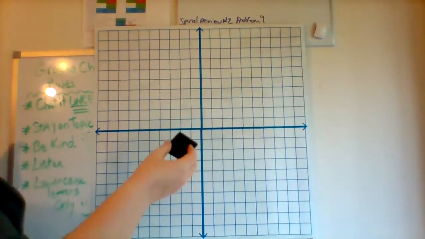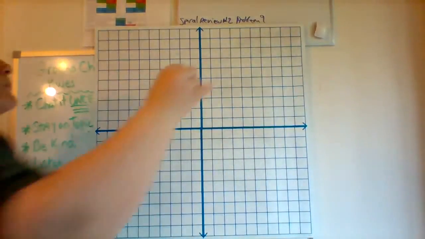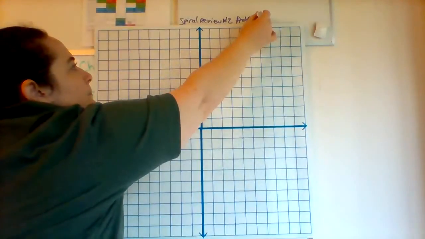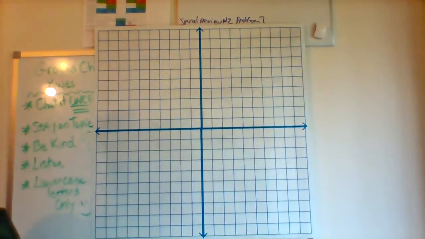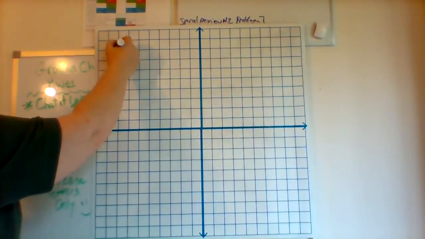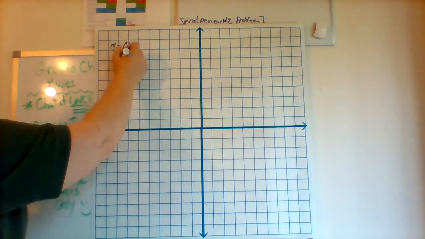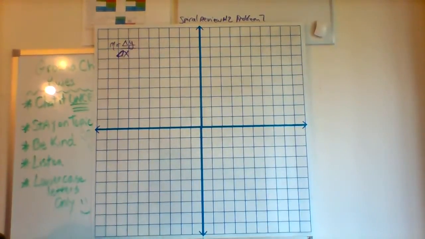Problem number 7. All you have to remember is that for calculating the slope, I need the vertical distance, and I have to put it over the horizontal distance. Okay, as long as you can remember that, you're going to be okay.